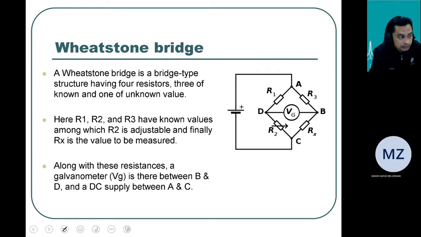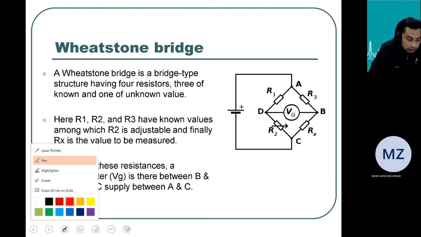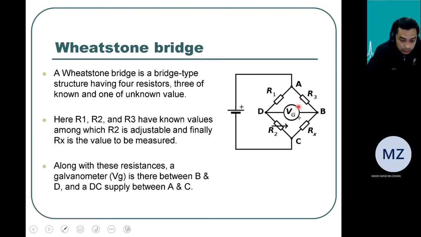If we look at the strain sensor that I mentioned in the previous class, for the strain measurement, we want to calculate the VG value here. We want to calculate this one.